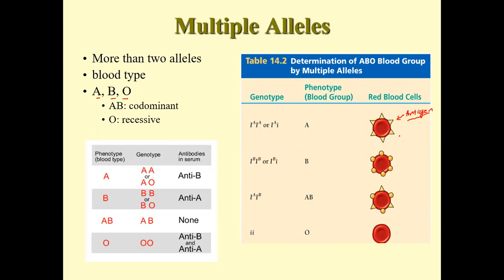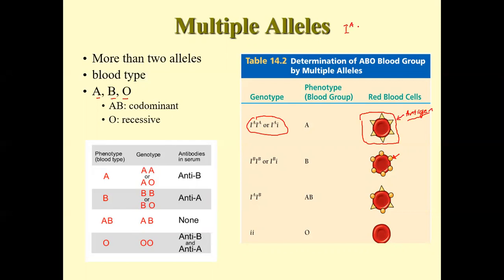We didn't cover the immune system yet, but basically if you are type A, all of your red blood cells have a specific protein on the surface. And the reason that's important is because if you are type A, but you accidentally get some type B blood in you, your body recognizes those antigens as foreign, and it will break it down.